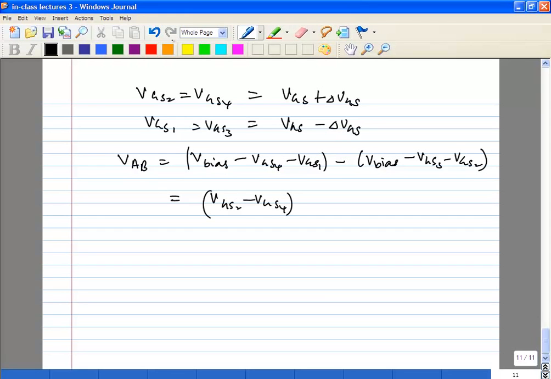So you get VGS2 minus VGS4 minus VGS1 plus VGS3, and we know both of these are equal, if the transistors are all matched. So what does this mean? You tried putting a delta I, your delta V was 0. So that means that the resistance should be 0.